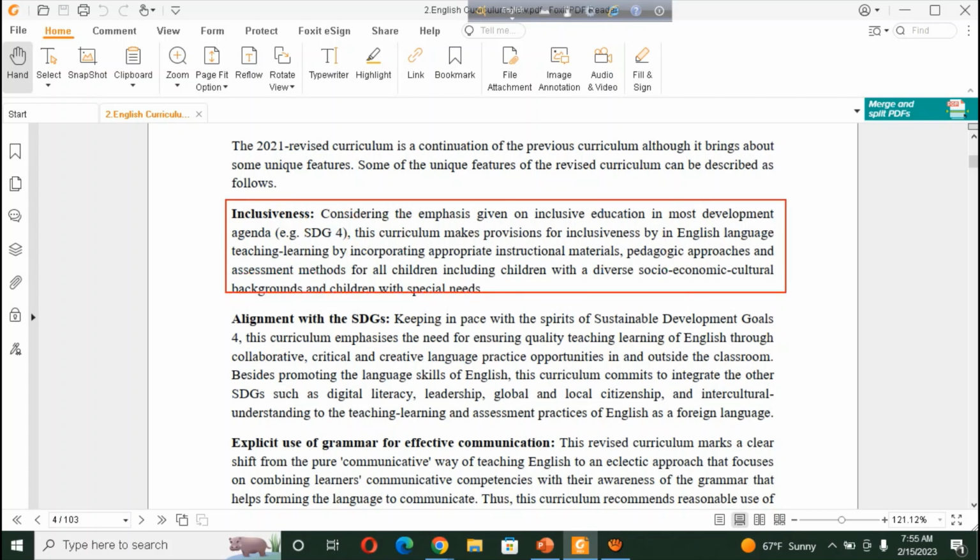In our new curriculum, inclusiveness is a focus, considering the emphasis given to inclusive education in most development agendas, SDG 4.